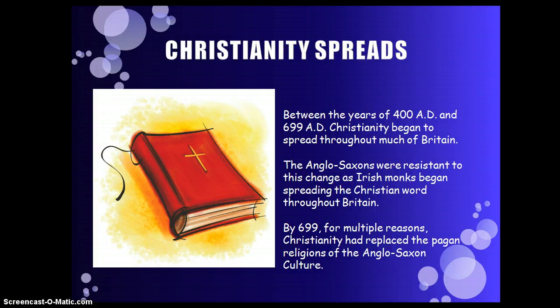One of the major components was that you have Irish monks spreading the Christian word throughout much of Britain. The Anglo-Saxons were quite resistant to that change, but eventually they do embrace it, and we get the beginnings of the Christian religion in Britain.